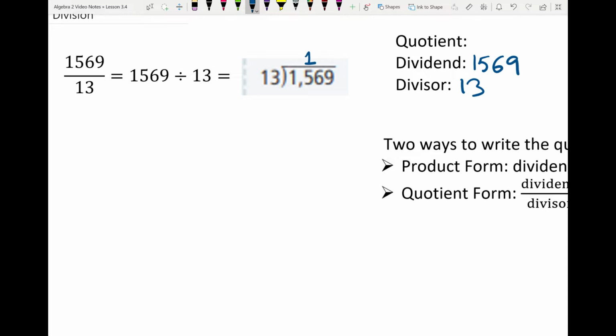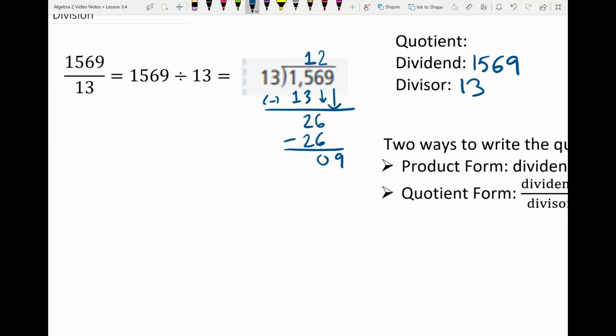Well, 1 times 13 is 13. And then you subtract the two numbers, and you get 2. Then you bring down the next number, 26. And then you say, how many times does 13 go into 26? And then you rinse and repeat here, which is going to be 2. And then 13 times 2 is 26, so you get 0. Bring down the 9.